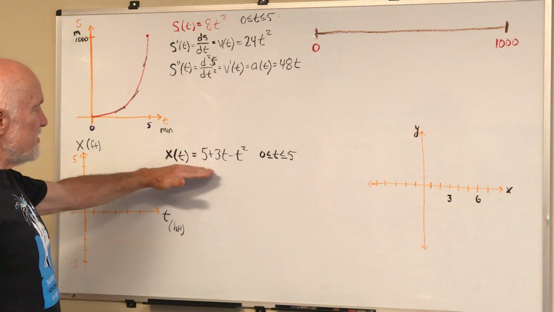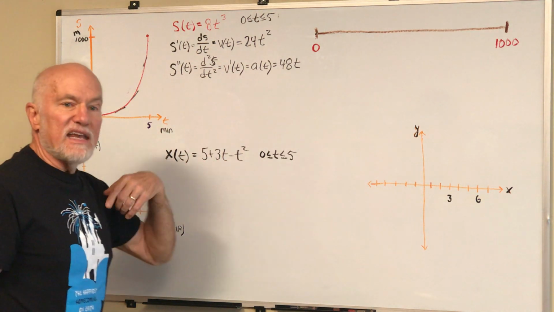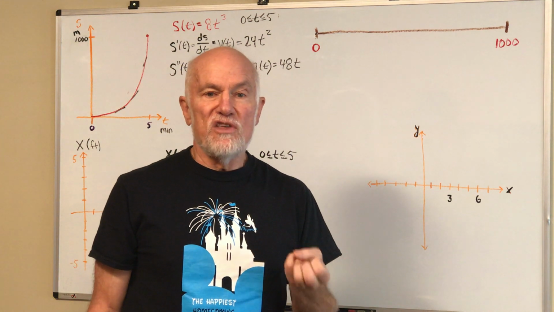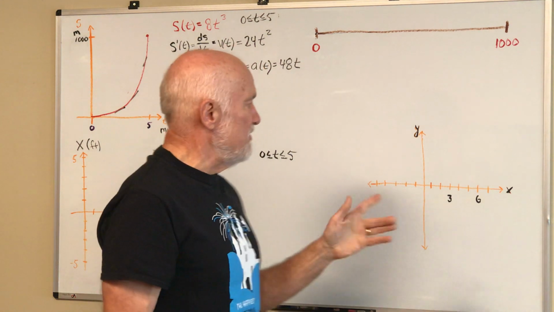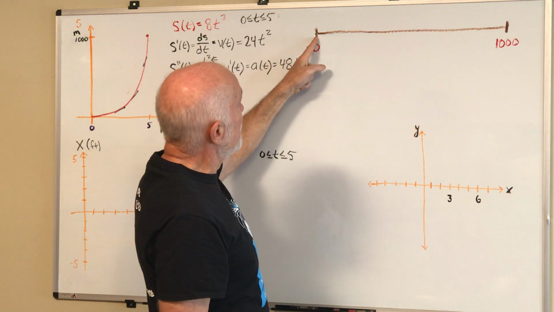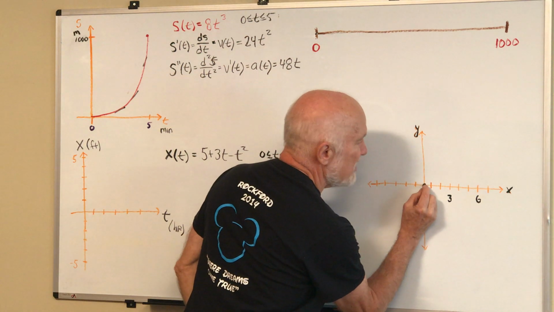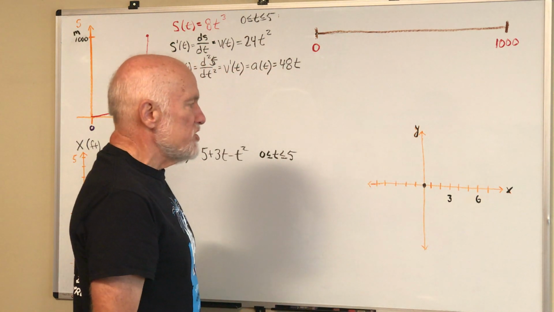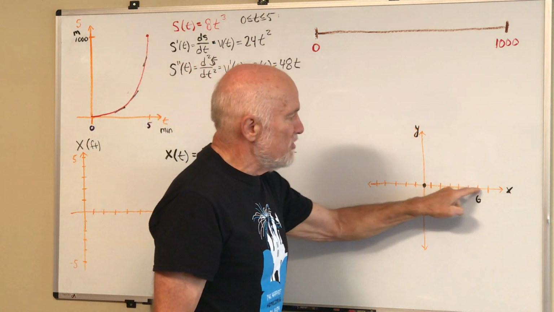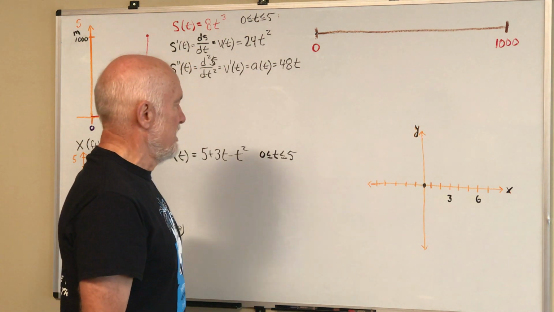Now, this is the position. Because there's a negative sign in there, maybe for some values of time, the position is not always going to be positive. And now, the beginning where the position is 0 is not at the beginning of our path. The position is 0 when x equals 0, right here at the origin. So a positive position would be to the right of the origin, and a negative position would be to the left of the origin.